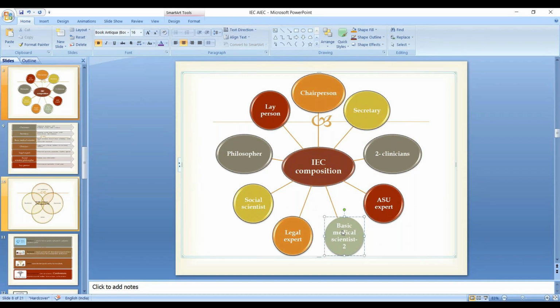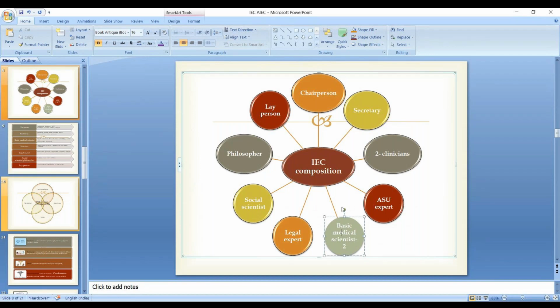Among these, one should be a pharmacologist, and one should be either from Rasashastra or from the Dravyaguna department. Both of them should be academicians.